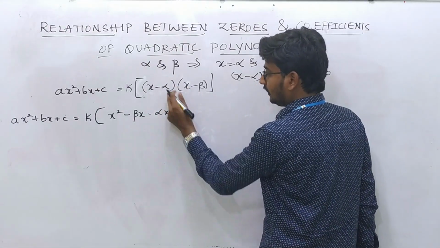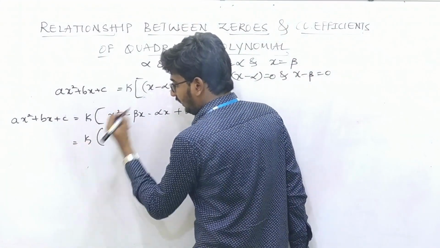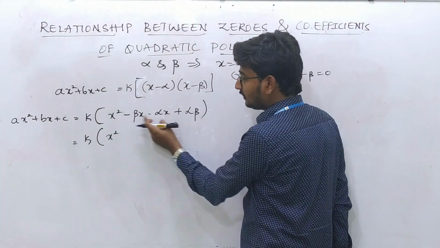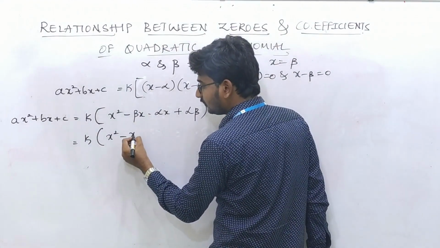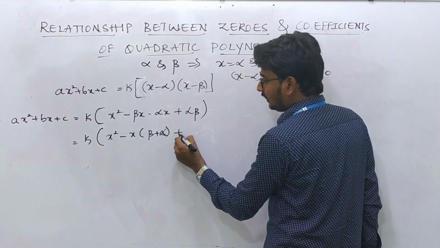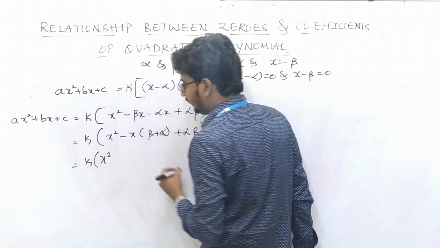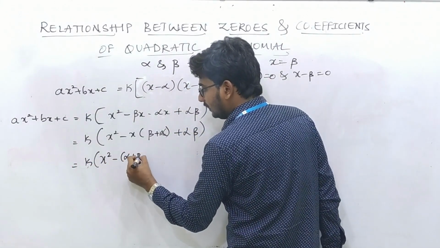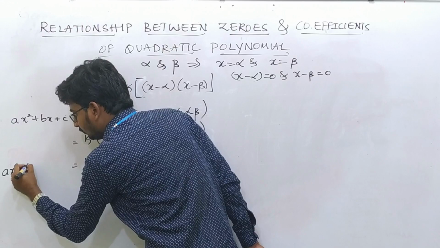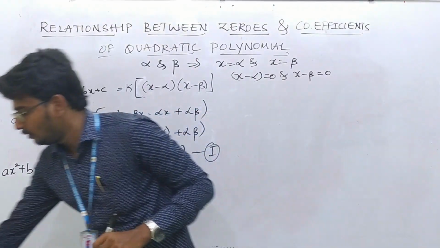Minus into minus gives plus alpha beta. So it is k into x square, and here I can take minus x common, remaining will be beta plus alpha, plus alpha beta. Rearranging the terms, it will be k into x square minus of alpha plus beta x plus alpha beta. And the LHS part is ax square plus bx plus c. I will mark this as equation number Roman 1.